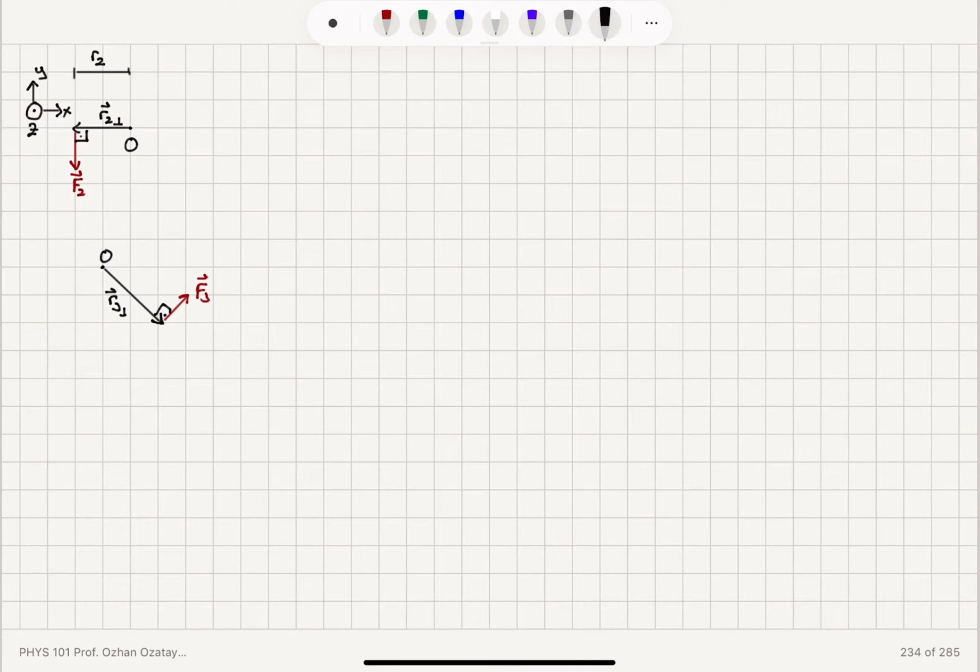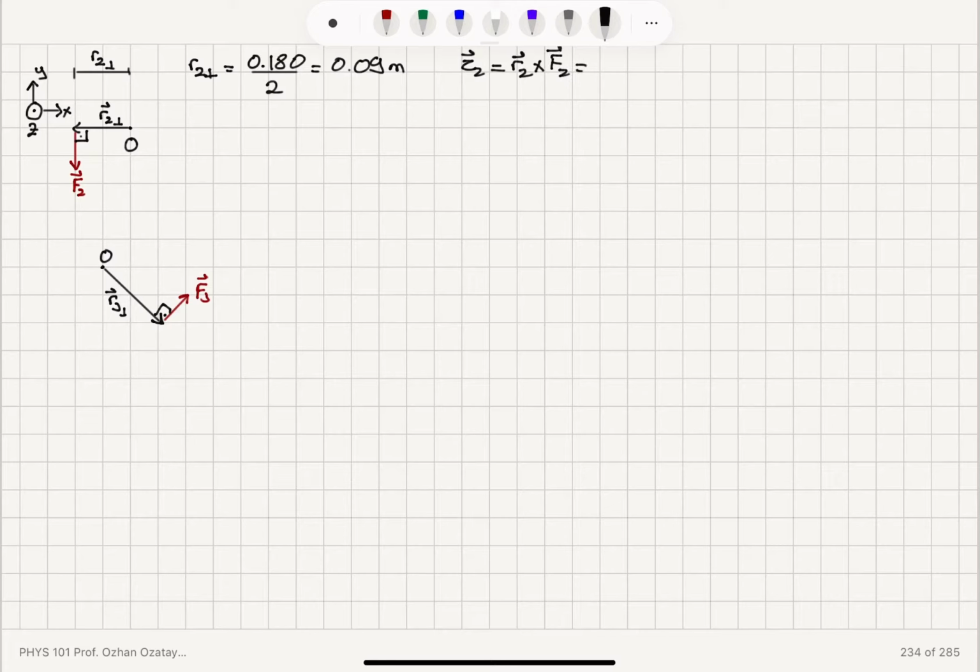So we can see that R2 perpendicular here is also equal to the side length 0.180 divided by 2, which is 0.09 meters.